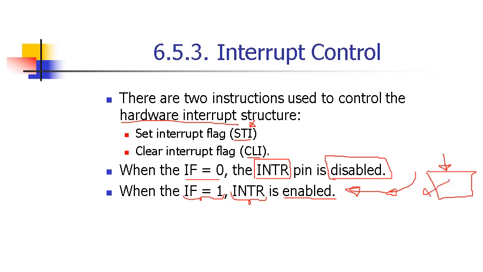So what this device does is setting your IF, and your system will enable your interrupt pin, INTR pin will be enabled. Then the address of the interrupt service routine to be operated is fed through your control unit.